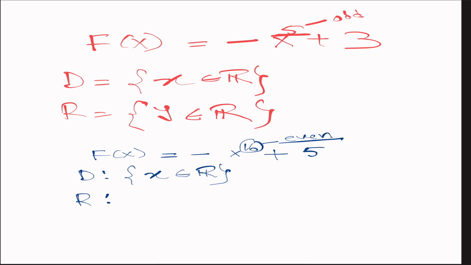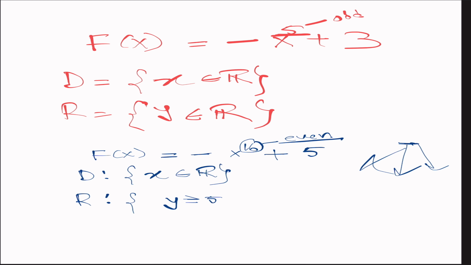The range here, since it's negative, if we do the graph, you'll see the graph is downward, whatever degree we have. There will be a point at 5 that is the maximum point, then it goes downward.